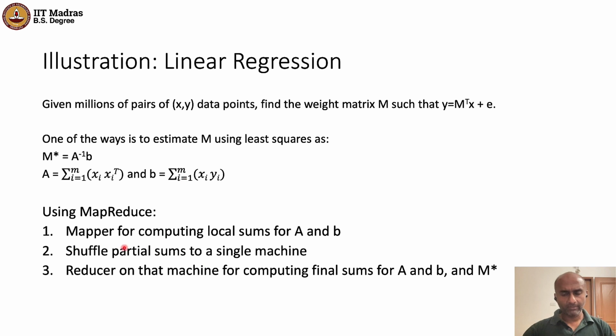So shuffling the partial sums brings it all to a single machine, and there I can apply the reducer to compute the final values of A and B, and then compute the final value of M. That's my least squares estimator, which is minimizing the error. So in effect, I've solved for linear regression using MapReduce by looking at sums and then breaking down the sums across the machines.